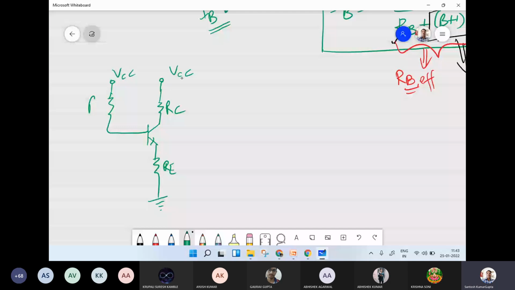We must say that this is not two different VCCs. This is a single VCC, of which the effect we have just taken in two parts.